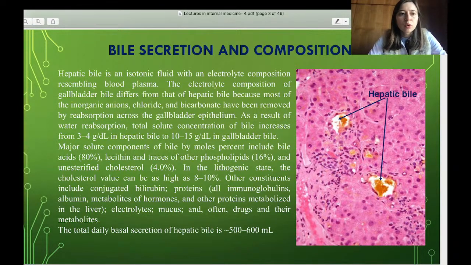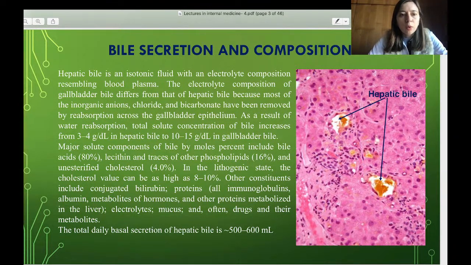As a result of water reabsorption, total solute concentration of bile increases from 3-4 gram per deciliter in hepatic bile to 10-15 gram per deciliter in gallbladder bile.